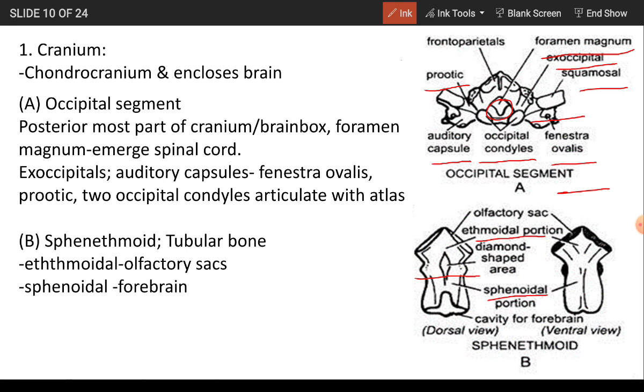The posterior portion of the ethmoid segment actually encircles and encloses the forebrain in the cranium. The anterior portion of the ethmoid segment is called the ethmoidal portion, which is further divided longitudinally, and results into the right and left portions of the ethmoidal portion, which actually enclose the olfactory sacs.